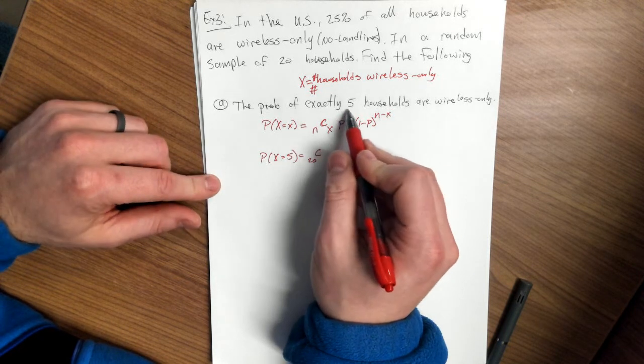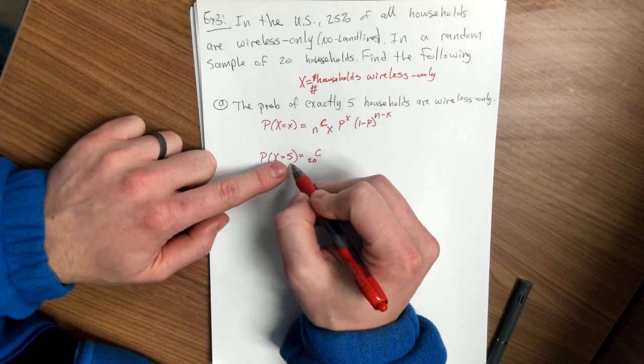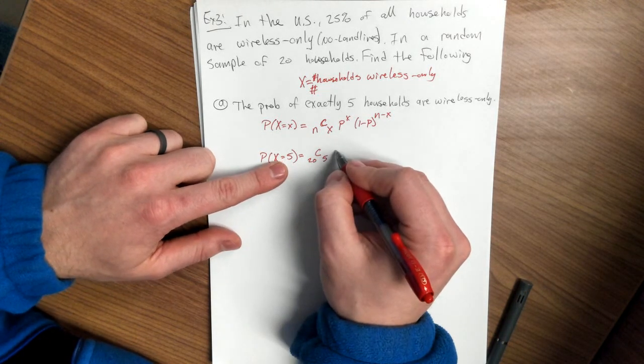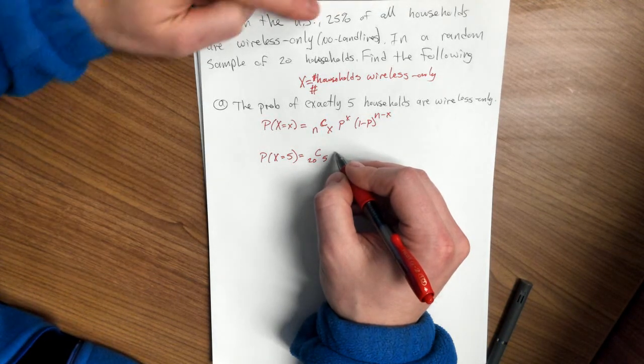It says exactly 5 households, and it's also here, x is equal to 5. So it's telling you already what x is. And then p, the probability of a success, that a house is wireless only, that's 25%.